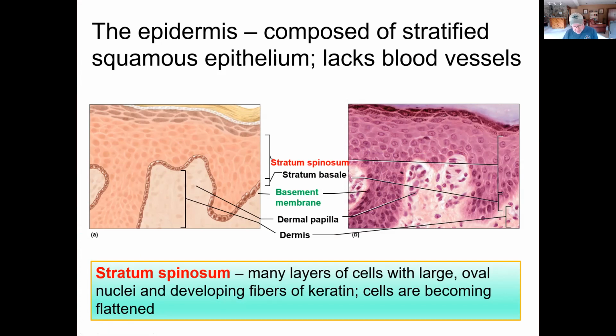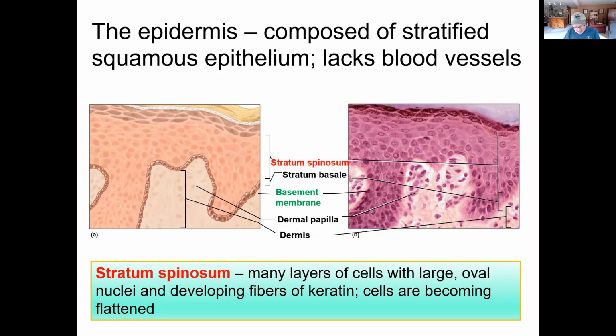Many, many layers of cells located here with large oval nuclei. There are also fibers of keratin beginning to form in this layer. And what the protein keratin acts to do is to provide a waterproofing characteristic to our skin. I also often refer to it as sort of the Vaseline intensive care lotion of the skin. It keeps the skin rather pliable and moisturized, if you will.